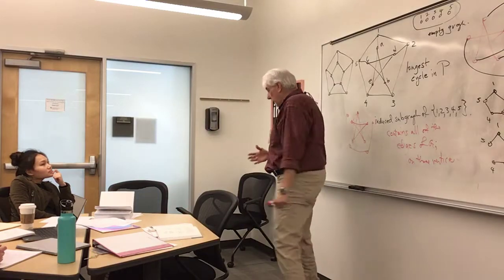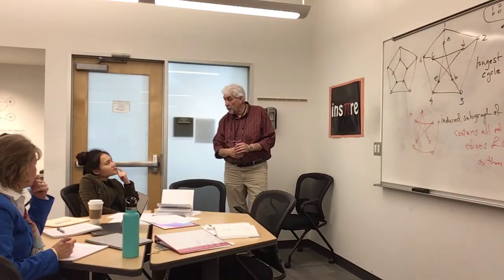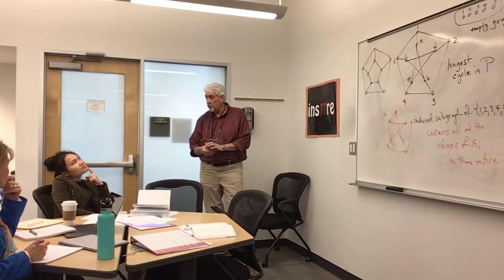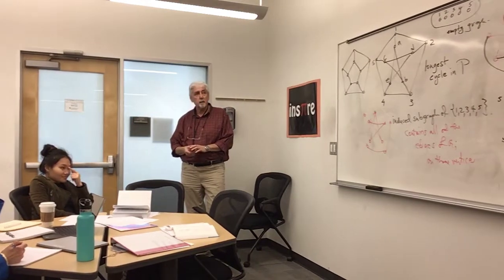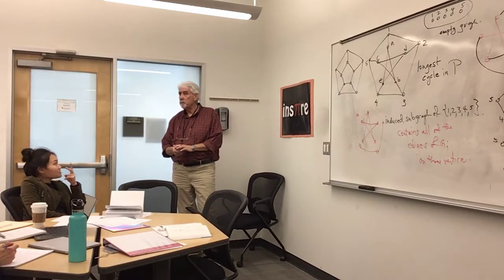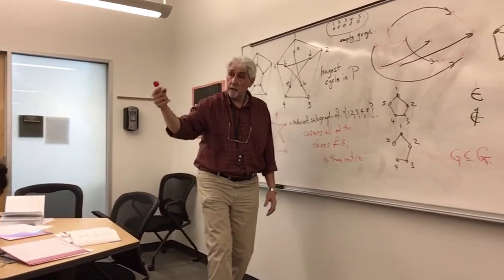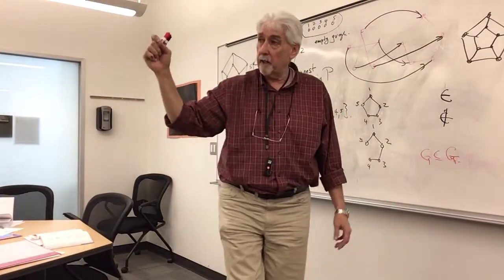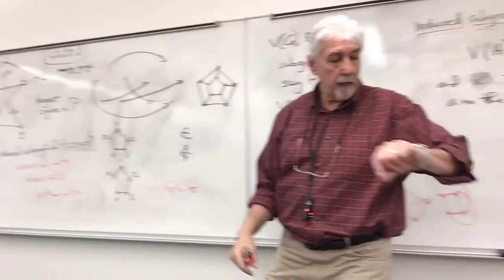No, we can't repeat it. Cycles don't have any repeated edges, and certainly they don't have any repeated vertices. What's the definition of a cycle? It's a closed path, and a path has no repeated vertices. Very good. Okay, so is there a closed path with all 10 vertices on it?